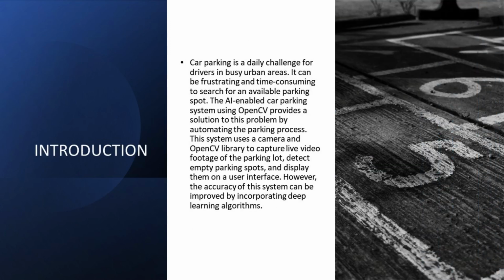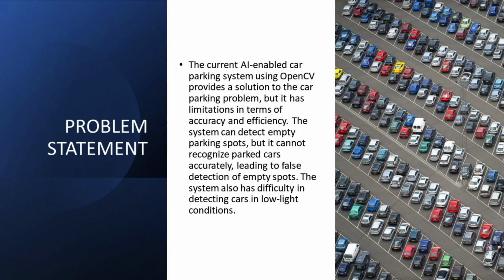Introduction: car parking is a daily challenge for drivers in busy urban areas. It can be really frustrating and time consuming to find a free space to park a car, which can be easily done using AI-enabled car parking using OpenCV. It provides the solution to this problem by automating the process.